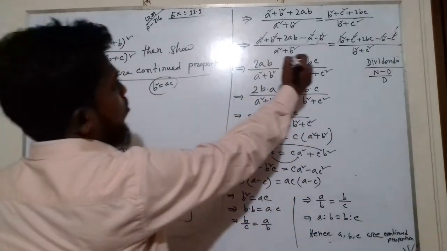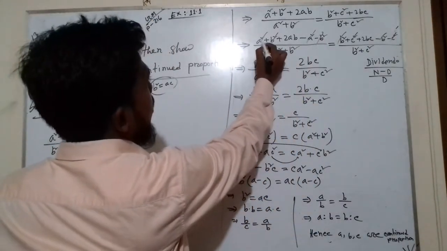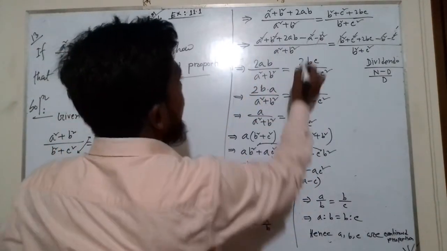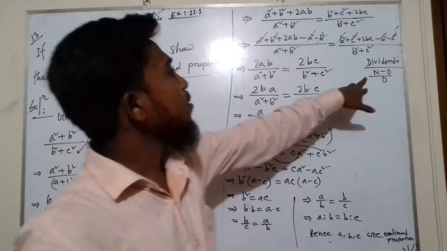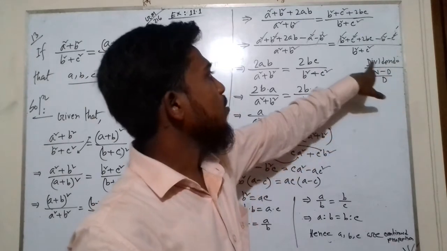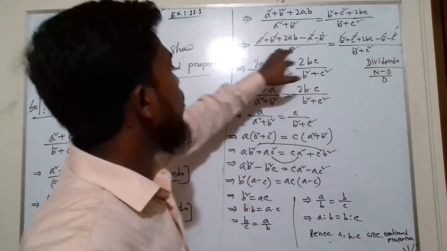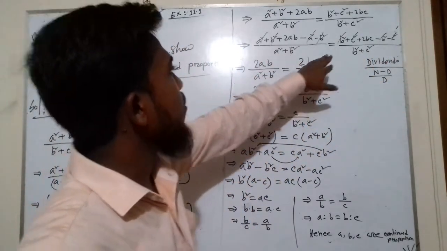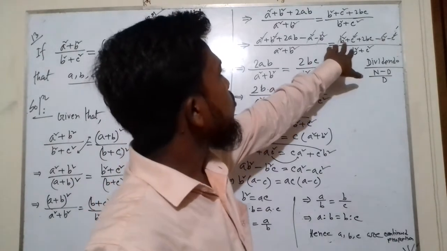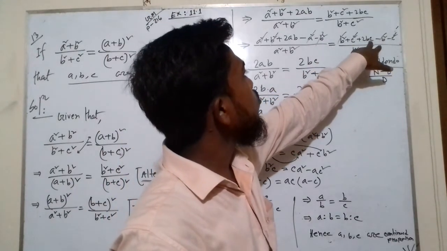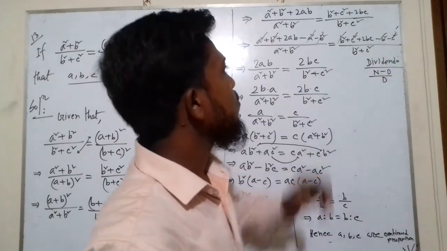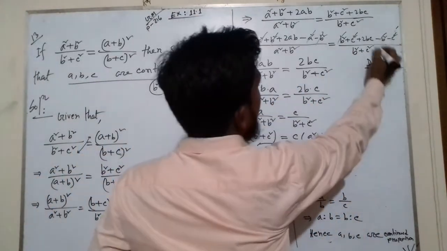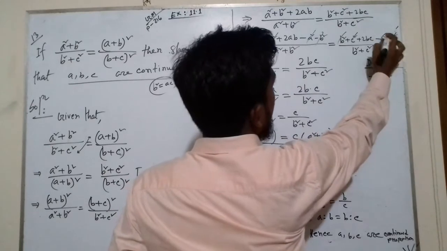So a square plus b square plus 2ab minus a square minus b square, only numerator minus denominator, applying the law of dividendo, divided by a square plus b square, and this equal to b square plus c square plus 2bc minus b square minus c square divided by b square plus c square. Numerator minus denominator.